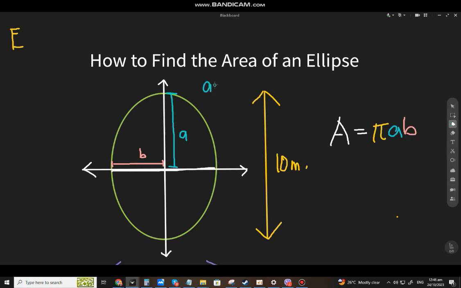Okay, A is always greater than B. And of course, for A and B, it's just one half of that side. So if this is the longer side, you take half of it, and that will be A. For the shorter side, you take half of it, and that will be B.